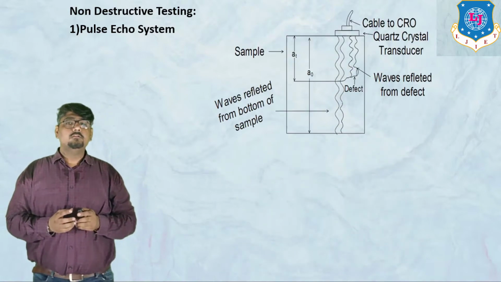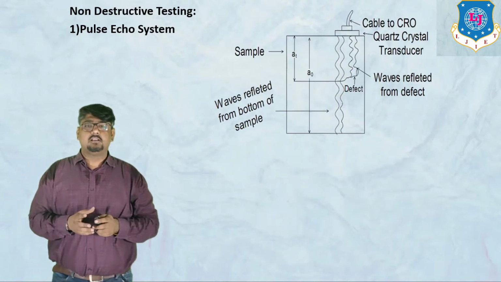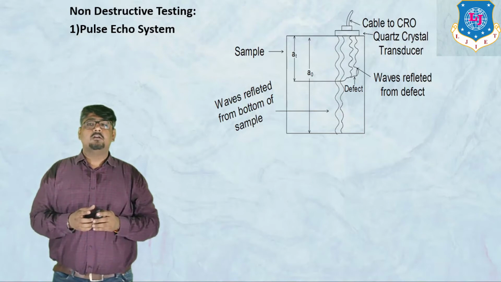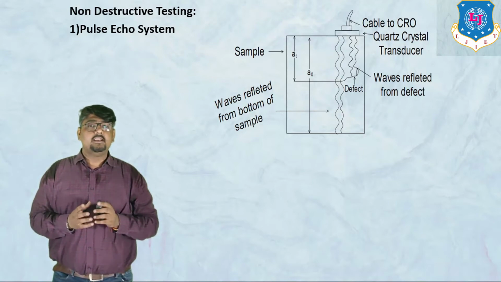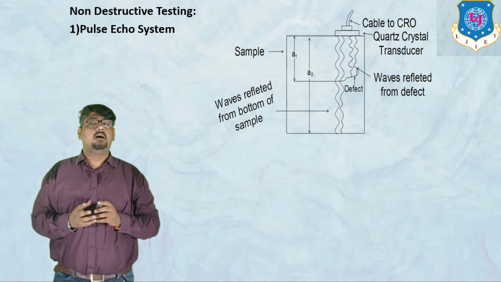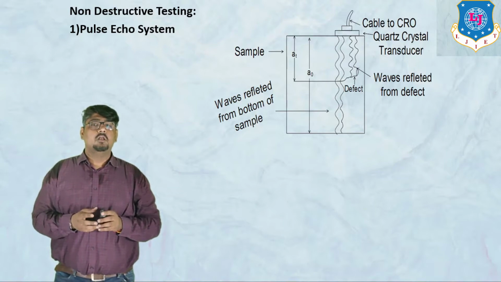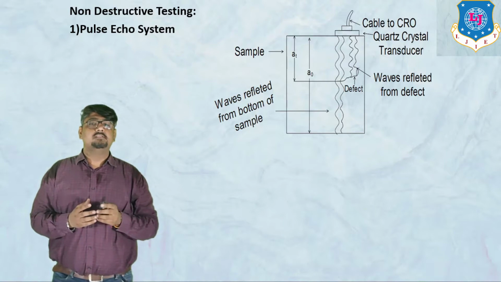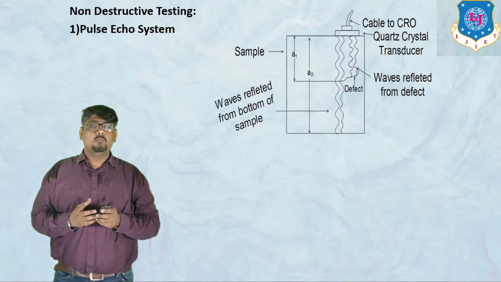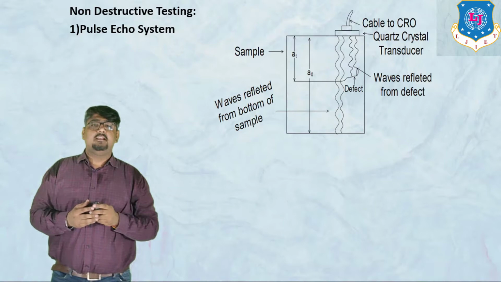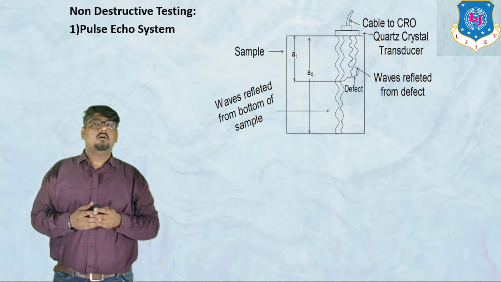It uses a single transducer for both sending and receiving the ultrasonic waves. For better contact between the surface and the probe, couplants like thin oil or glycerin are used.